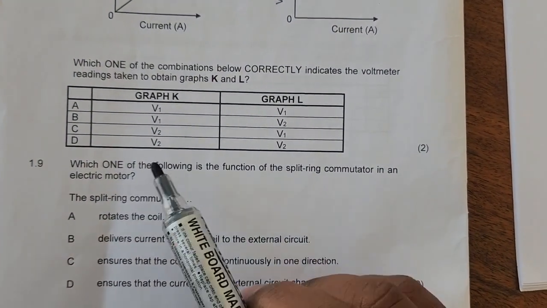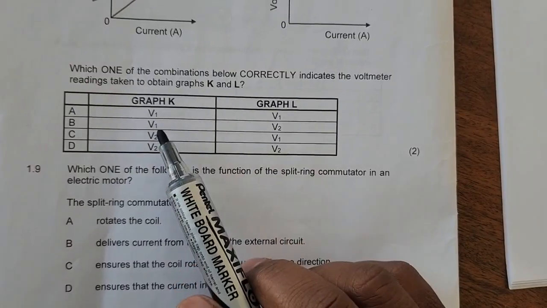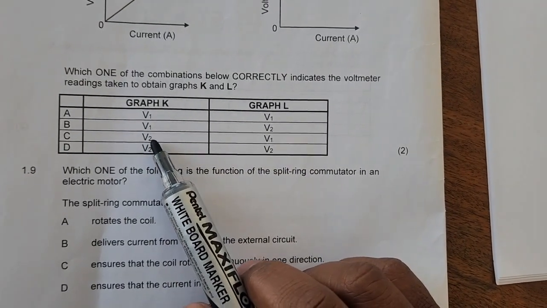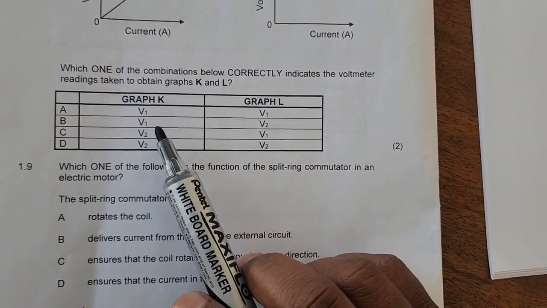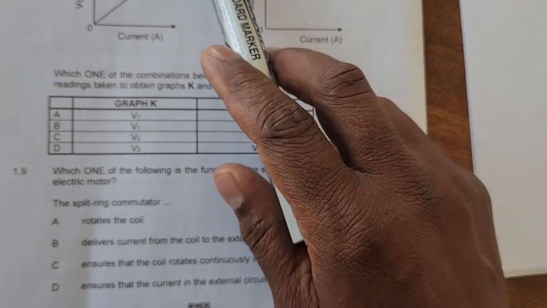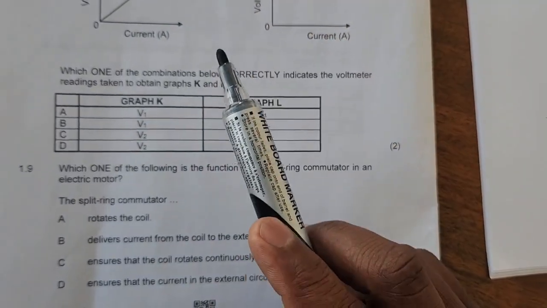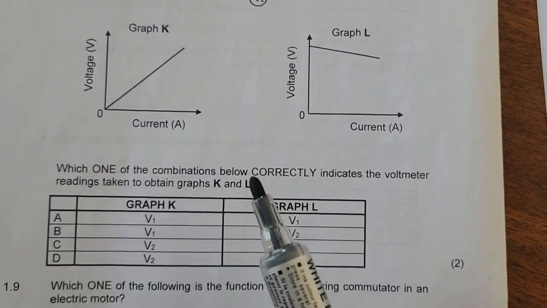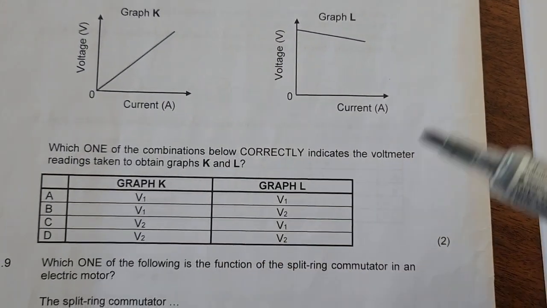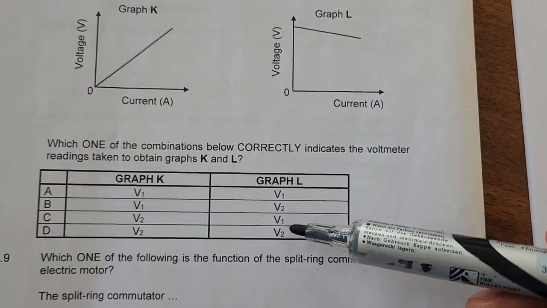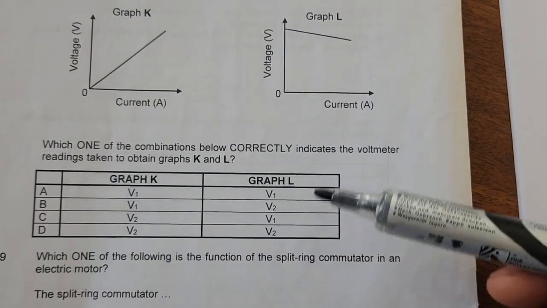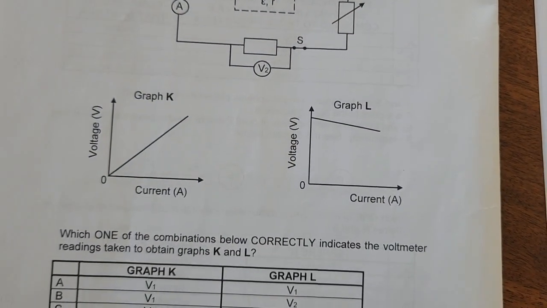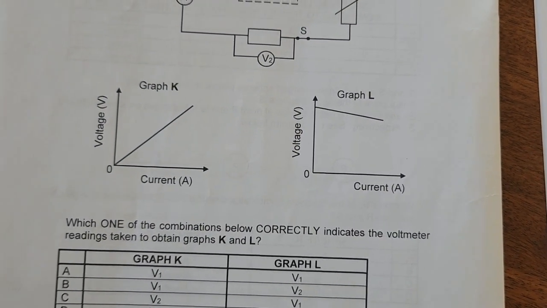So let's check graph K. V2 would be the reading for the relationship, because when we are dealing with Ohm's law, we are looking at the voltage across the component, which is your resistor here. And then in graph L, the voltage that will give us the reading will be V1 now. So which means that now C becomes the best bet in this case.